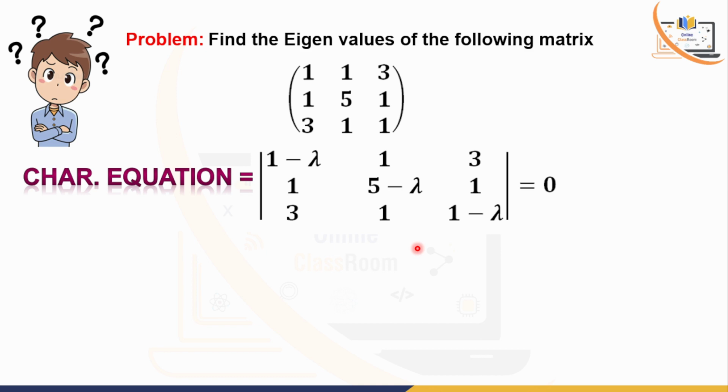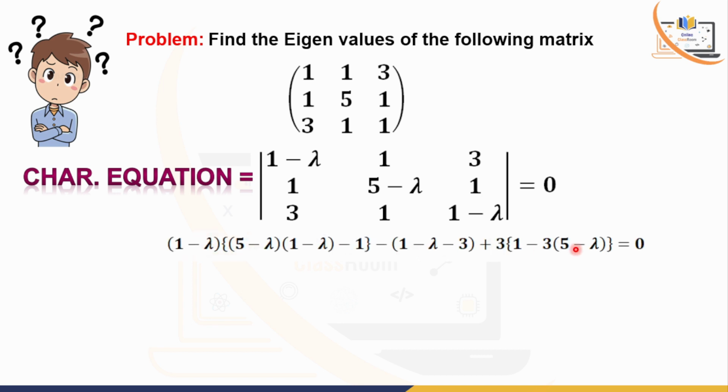So if you expand the determinant, this is the first expansion, and if you solve it, you get the equation lambda cube minus 7 lambda square plus 36 equal to 0. We all know how to expand a determinant. So using the determinant expansion rule, you can calculate and simplify the equation.